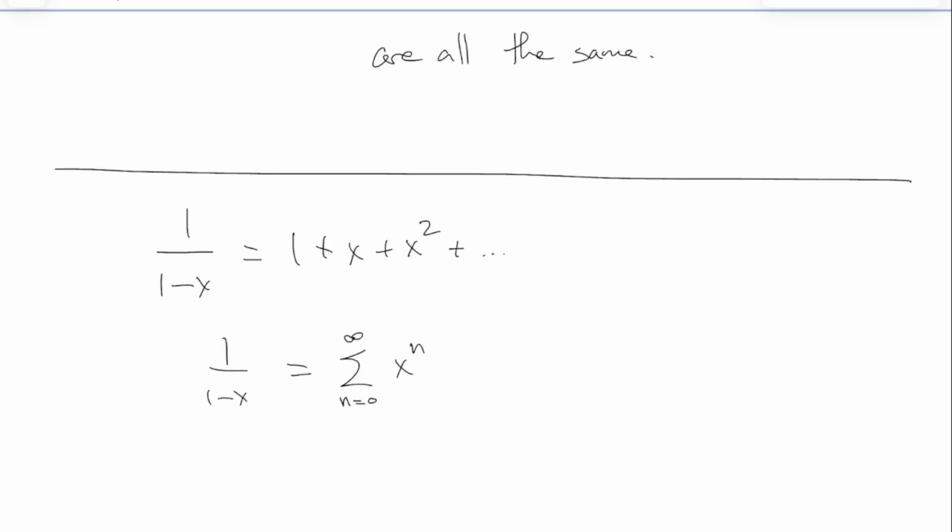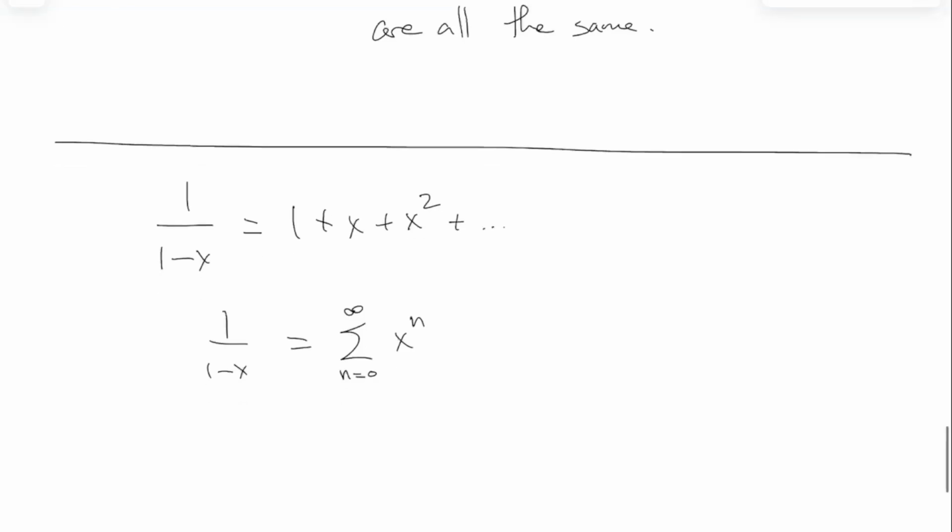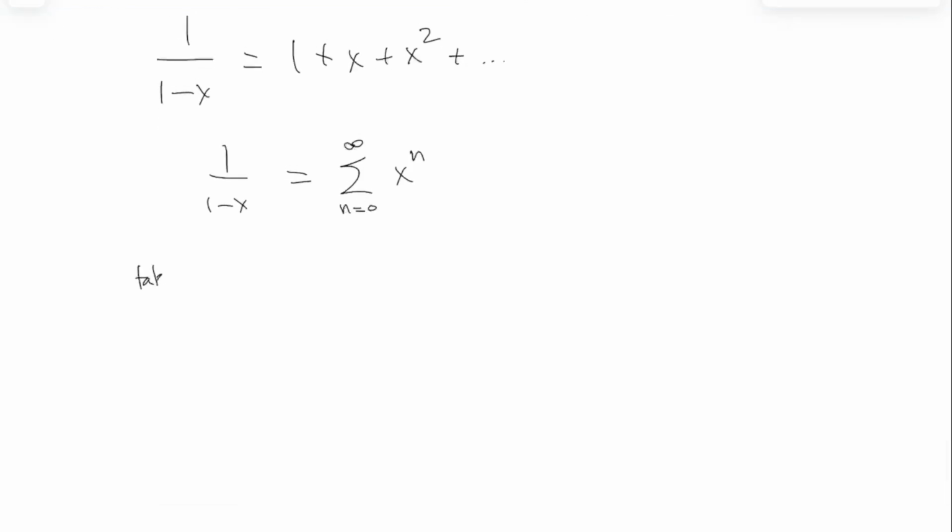All right. Let's take the derivative on both sides then. So this is a series for one function. I'm going to do the derivative on both sides. First of all, the left side. Now, in order to do the derivative on the left side, I'm going to think of it as 1 minus x to the negative 1 power.